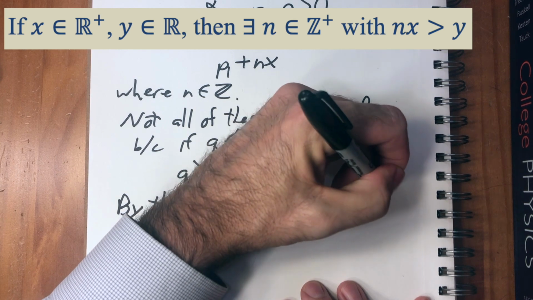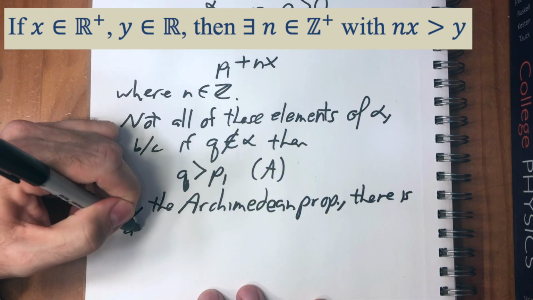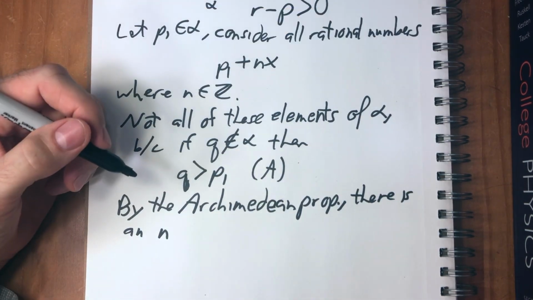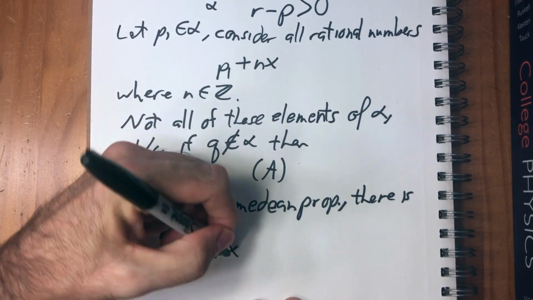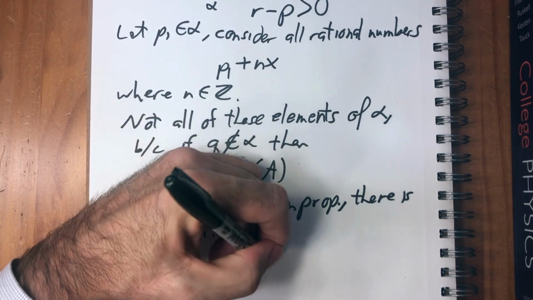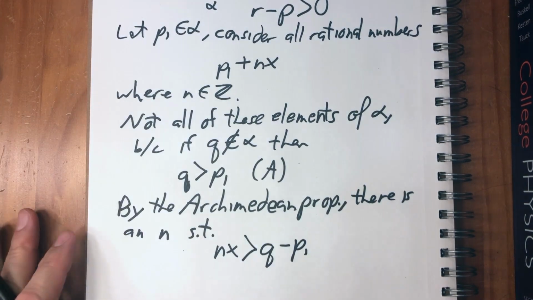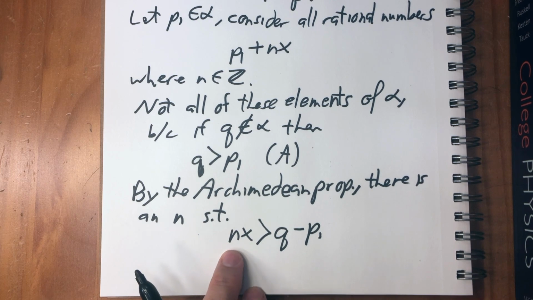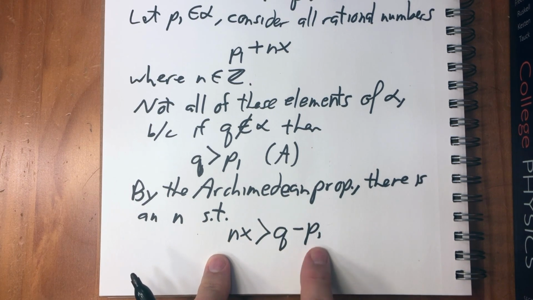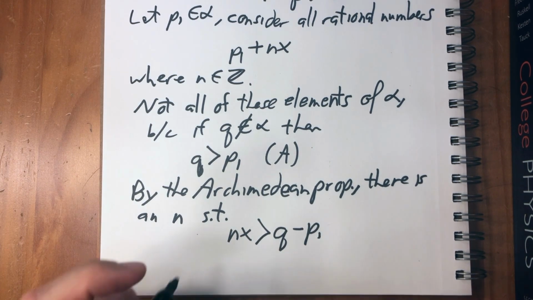there is a suitable n such that nx is greater than q minus p1, right? Just take this as y. We have x, so there's going to be some n that makes nx bigger than the difference between these two. Okay?